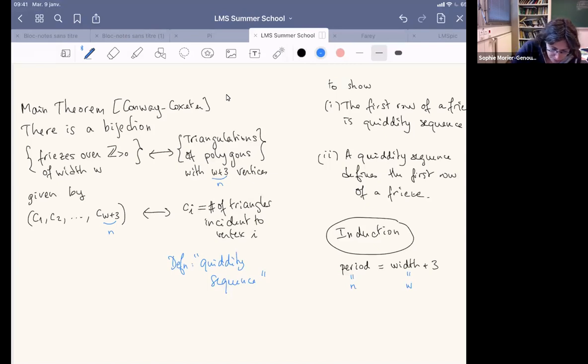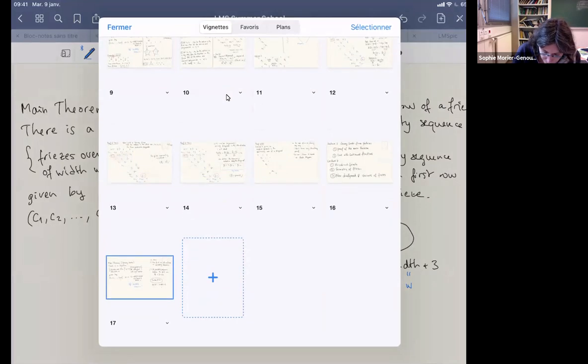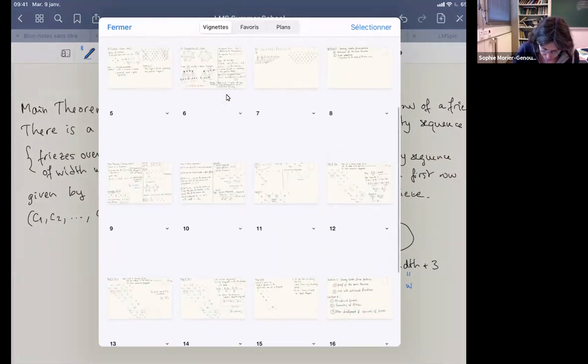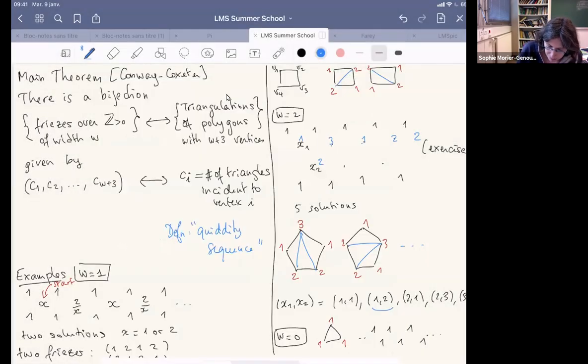Last time we did the first step for the induction. If I go back to the slide from the previous lecture, we checked for W equals 1, meaning for period 4, meaning for squares. We also did not really check, but it was an exercise.